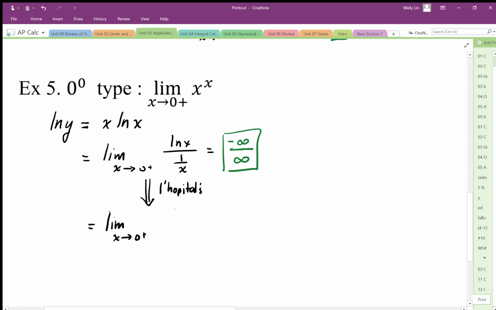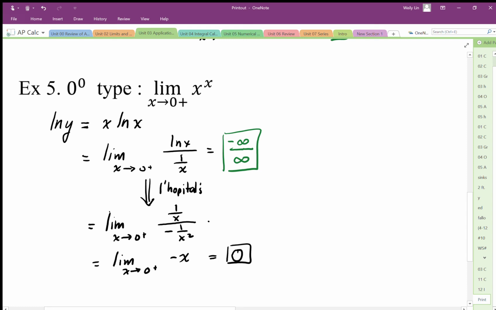The derivative of log x is 1 over x, over negative 1 over x squared. This simplifies to negative x. So I end up with negative x, and when I plug in 0, I get 0. So there's the limit of the log.